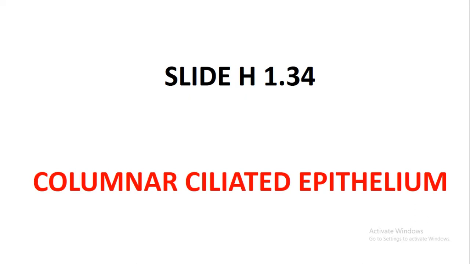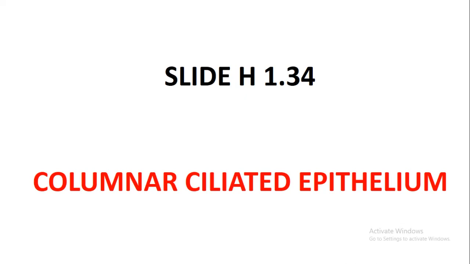The next slide is the last slide in this lesson. It is slide 1.34, which is columnar ciliated epithelium. Some epithelial tissue can be ciliated, some can have stereocilia, some can have microvilli, and this will be explained in a later video.